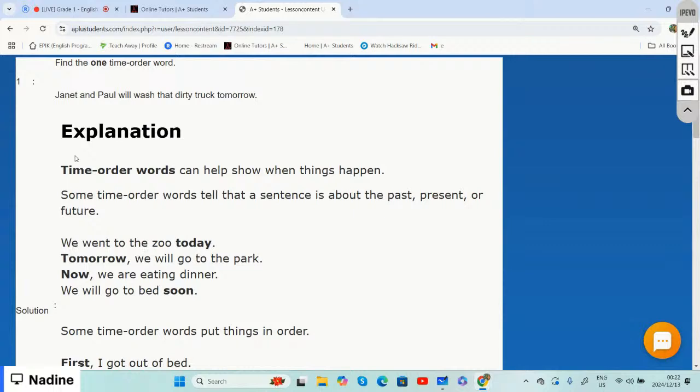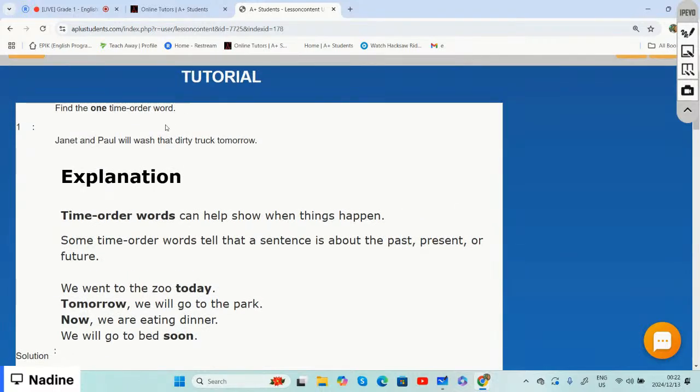They can tell us if it is in the past, in the present, or in the future. And of course, we're going to have to look at the specific wording to see if it is in the past, present, or future. And then we also have some time order words that can be put in order.